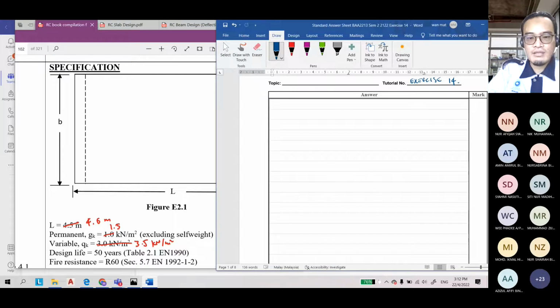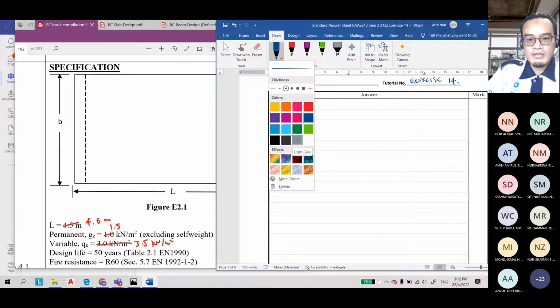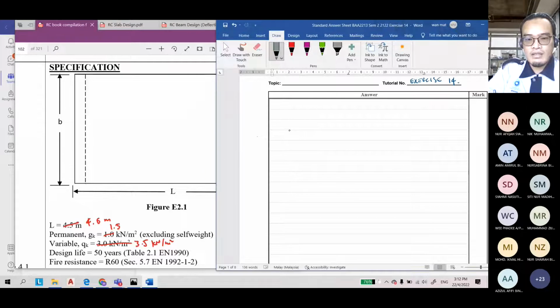It is a simply supported slab. Let's say this is a simply supported one-way slab like this one. This is the cross section actually, but I want to draw the plan view first.